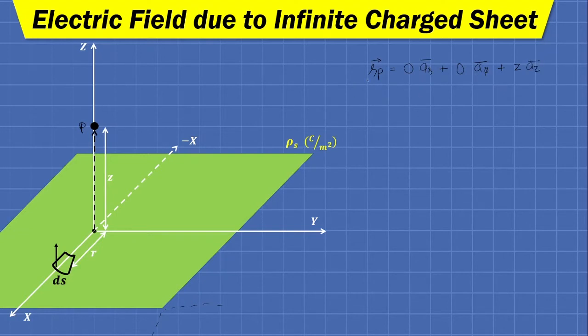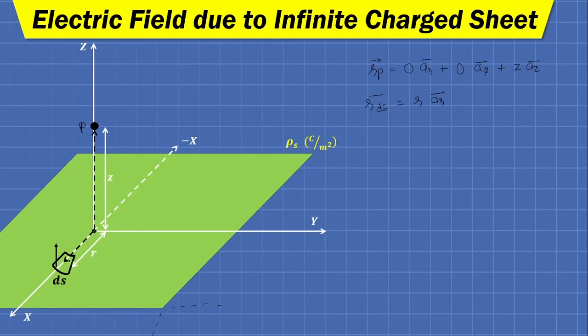So this is our position vector of point P. Same way we need to produce a position vector of our differential surface. So as you can see, the position of our differential surface in cylindrical coordinate system, it is displaced by distance r from the origin, so its r component will be small r.